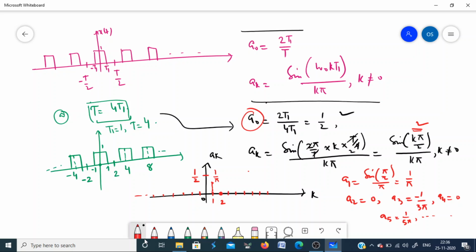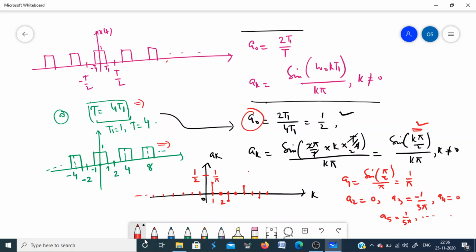So if you plot its Fourier series coefficients for this case, t equal to 4 times t1, you may have a signal like this. At 1 it is 1 by pi, then 0, then at 3 it is minus 1 by 3 pi, then at 4 it is 0, at 5 it is 1 by 5 pi, at 6 it is 0, at 7 it is minus 1 by 7 pi, then 0 and so on.